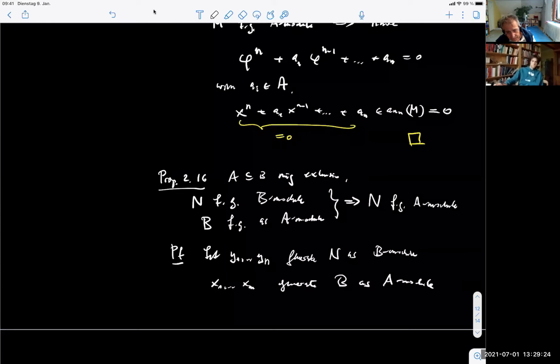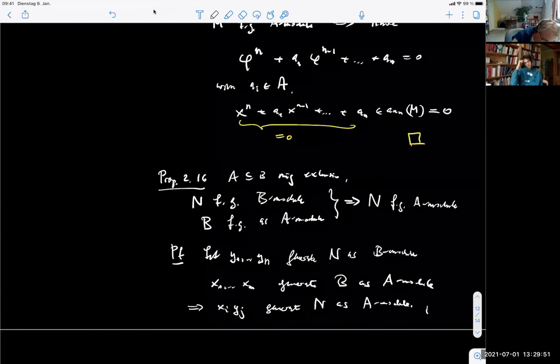So generators would be just all possible multiplications. Correct. So then the point is these products xi times yj. So all of those generate N as A module.